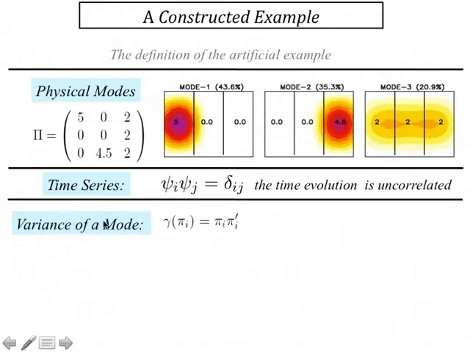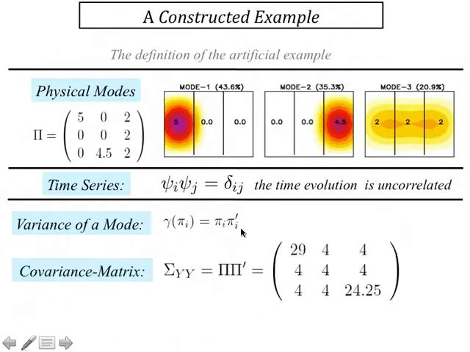The variance of any of these modes is just these patterns multiplied with themselves, because I defined these time series to be uncorrelated, have no units, and have standard deviation 1. So the time series are normalized, and I can just define the variance as the pattern vectors multiplied with themselves, so it's a vector product. Then the covariance matrix is just this pattern matrix multiplied with the pattern matrix itself.